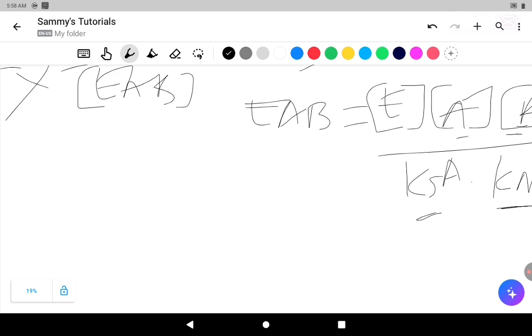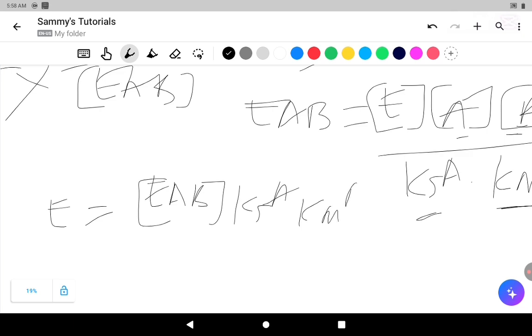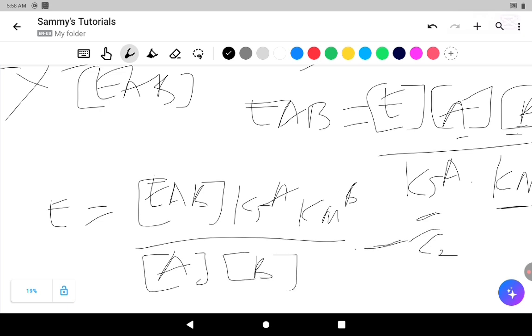So E equals EAB times KSA KMB all over A and B. This is now your C2 equation. Isn't that easy? It's pretty easy, right?